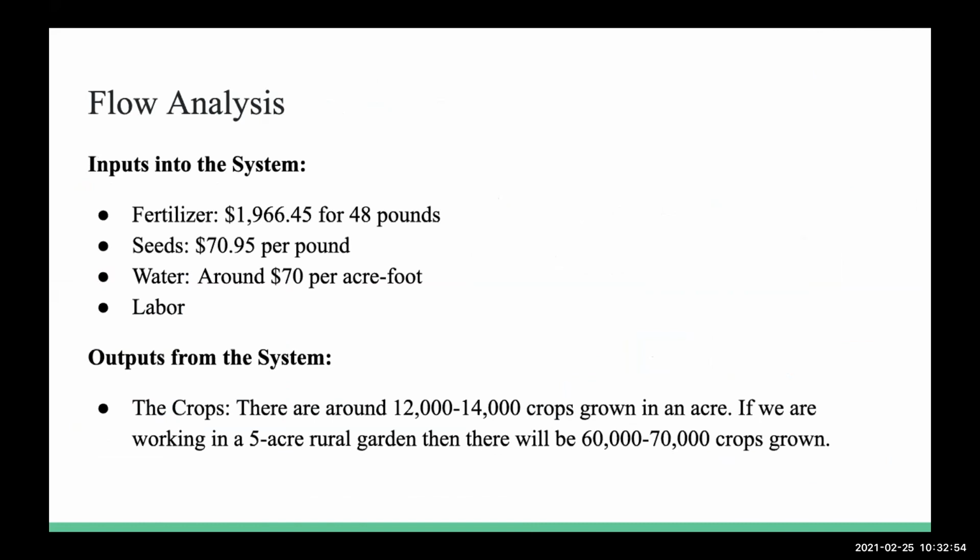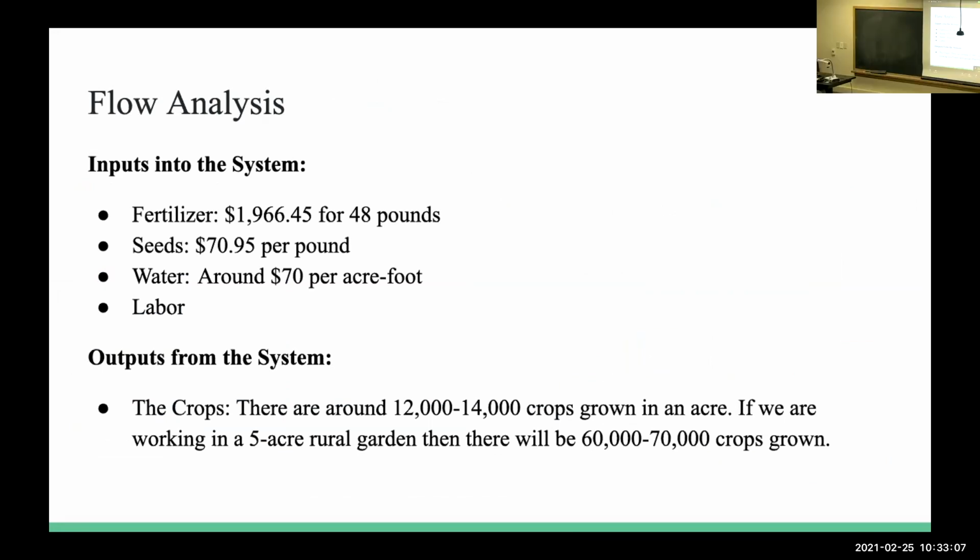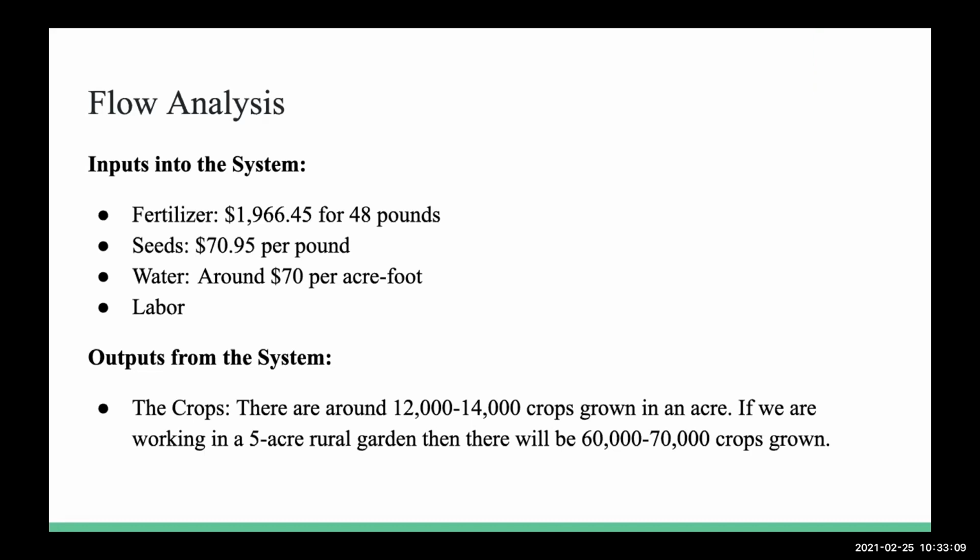I'm fairly certain I can go to Home Depot and buy a 48-pound bag of fertilizer for about $19. So is it 48 pounds per so many feet, or how'd y'all get that number?